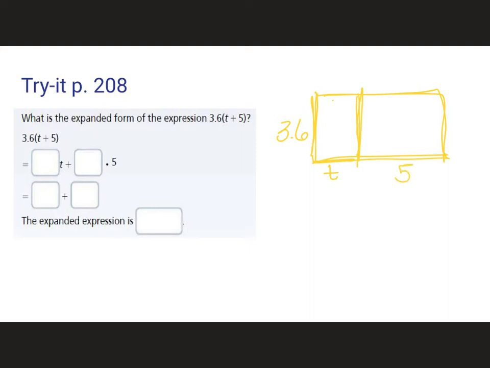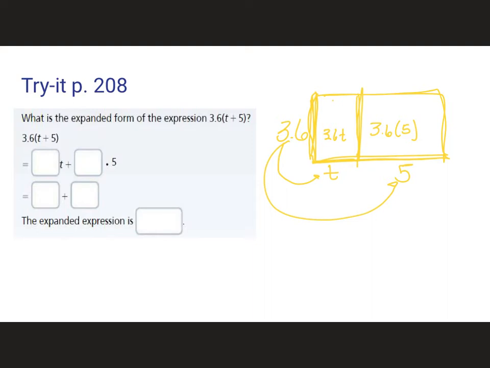So what it's saying is to find the area I would multiply 3.6 times both t and 5, or t plus 5. 3.6 times t and 3.6 times 5. And then I could add it together second.